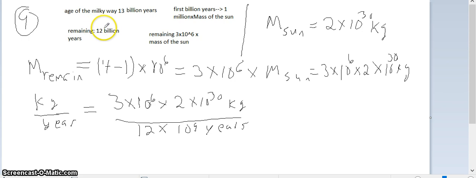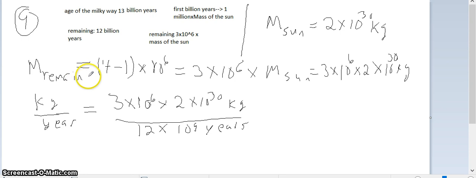So think about what remains. The first billion years, so there's only 12 billion years left, and the amount of mass remaining that has to be added, because the supermassive black hole is 4 million solar masses, or 4 times 10 to the 6th. As a reminder, the mass of the sun is 2 times 10 to the 30th kilograms.